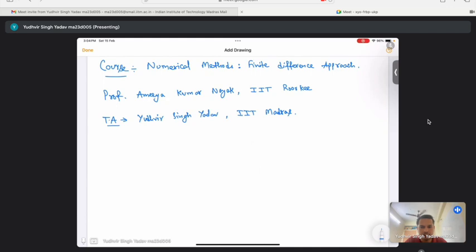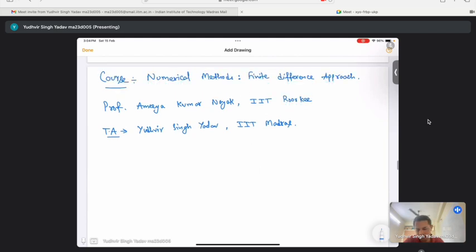As we have already seen, in ADI methods there are two steps involved while solving for the n plus 1 time level. First we go from n to n plus half, and then from n plus half to n plus 1. So that's what we have discussed up till now.